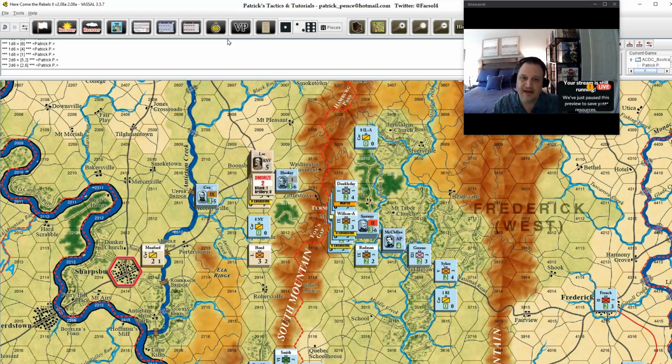Then you would go on to the recover phase, and you will go through and assess every single one of the units. They can do a variety of things. So if they're at fatigue level 0, which means they did nothing for the day and they're in good order, they may become reorganized. They may dig entrenchments, depending on where they are. They may increase the entrenchments.